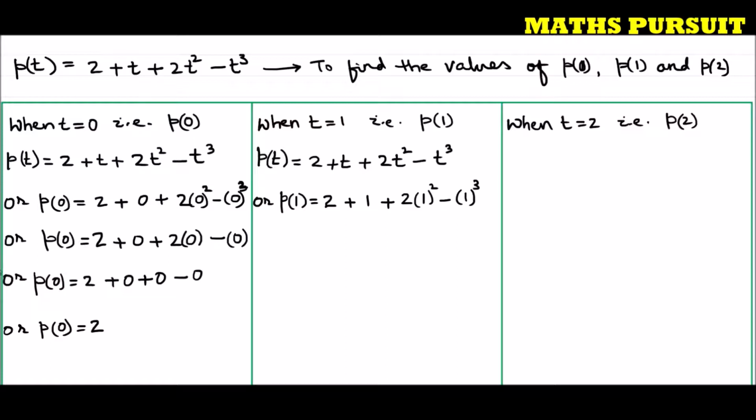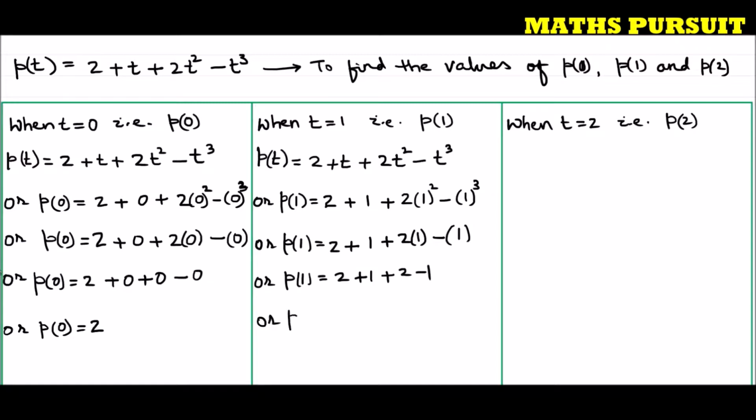Guys, what I am doing here is just replacing the value of t by 1. Or I can write P(1) = 2 + 1 + 2 times 1. Why? 1 to the power 2 is 1, minus 1 to the power 3 is also 1. Or I can write P(1) = 2 + 1 + 2 - 1. Or P(1) is equal to 2 plus 1 is 3, 3 plus 2 is 5, 5 minus 1 is 4. So we got P(1) is equal to 4.